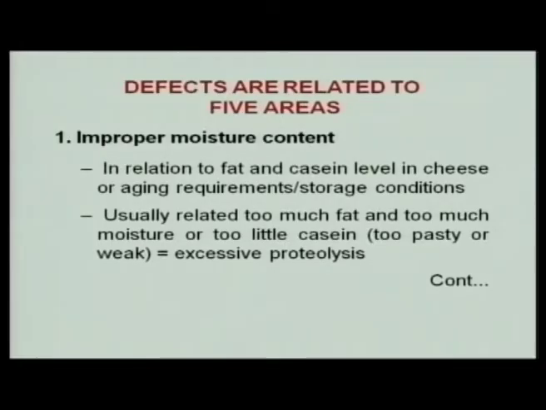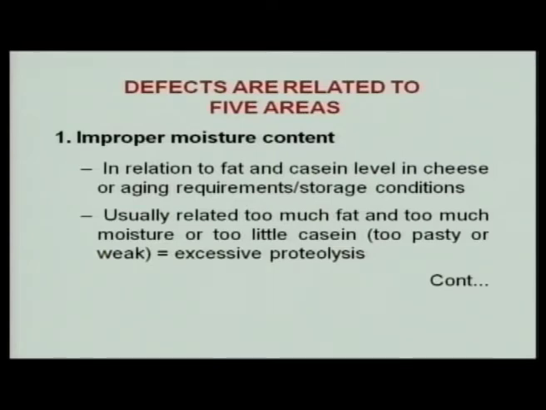Then the microbiological defects appear due to several reasons, and improper moisture content in the cheese is one of the important factors. It disturbs the relationship between fat and casein level in cheese, and the aging requirement or storage conditions.